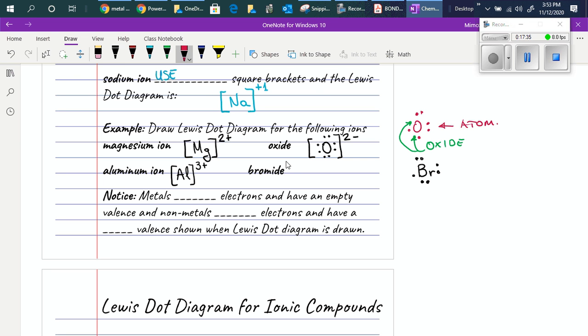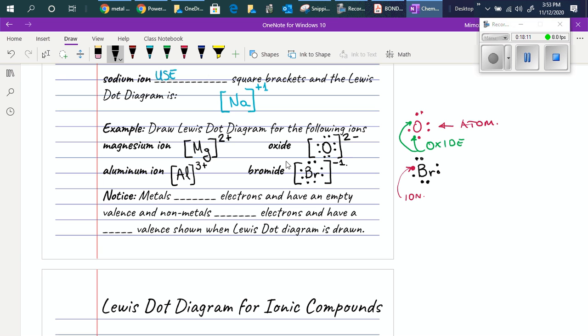However, when it becomes an ion, 1 electron is added, completing the outer shell. So for the Lewis dot diagram for the ion, we use square brackets to show that we are dealing with an ion, with a full valence shell completed, and this will be -1.